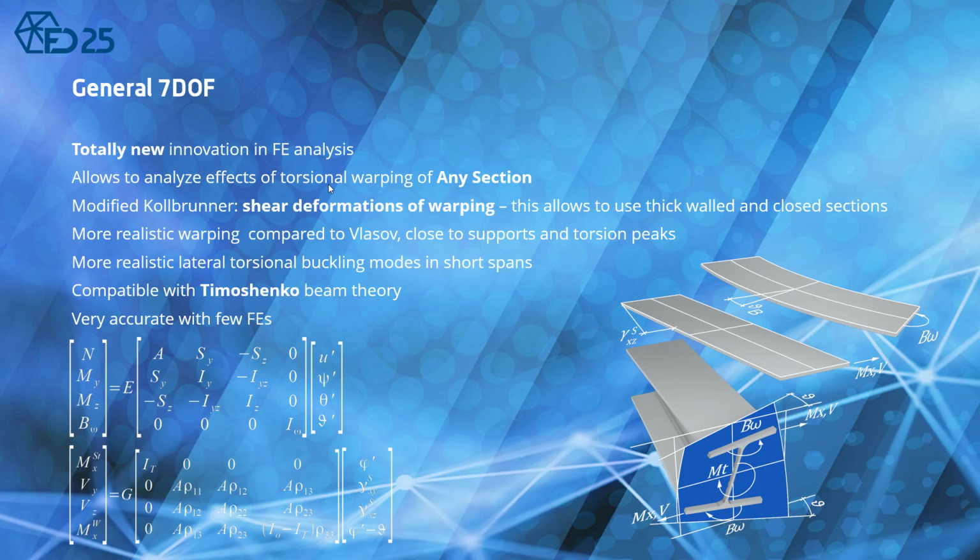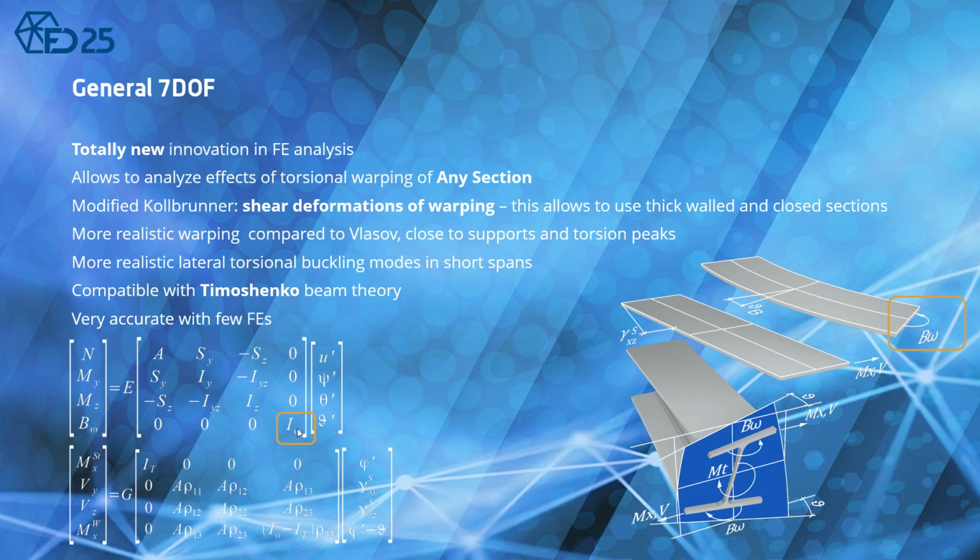This is a totally new innovation because usually finite element software have used the 7th degree of freedom model, which is called Vlasov. So it means that it's mostly bending theory, and you can see there's a picture. This is bending. But of course, the warping also causes shear deformations, and usually that has been neglected traditionally. But now we finally have the theory for warping shear.